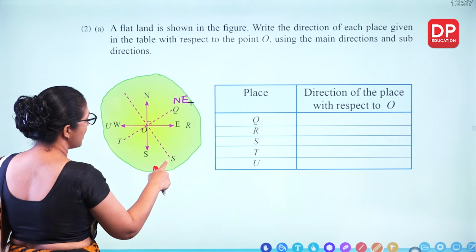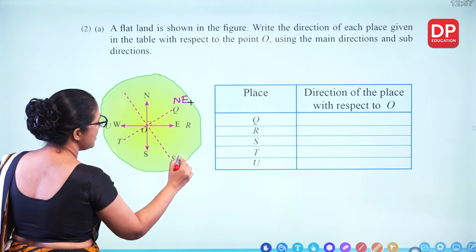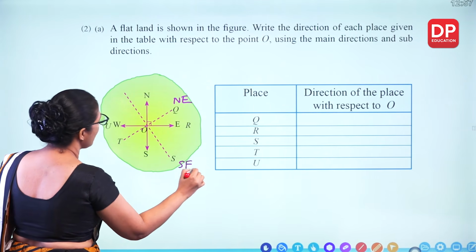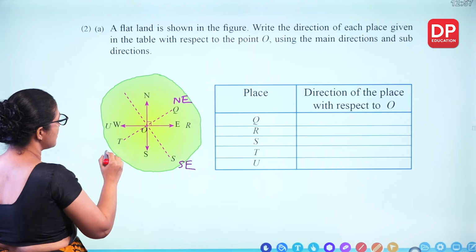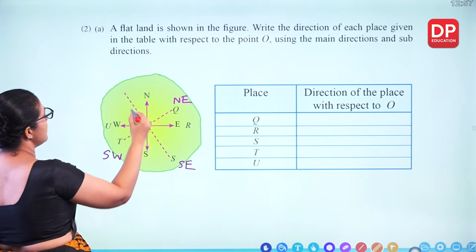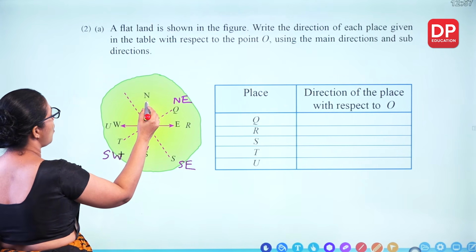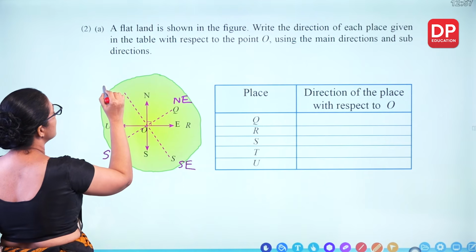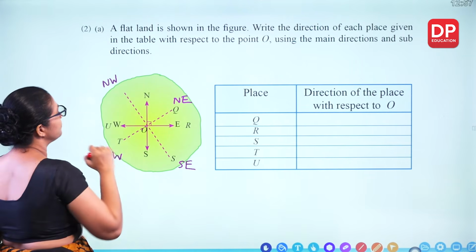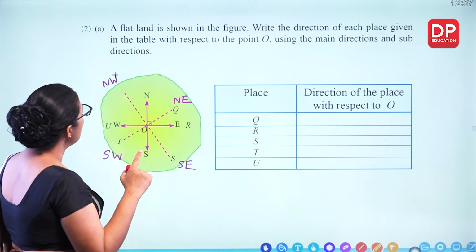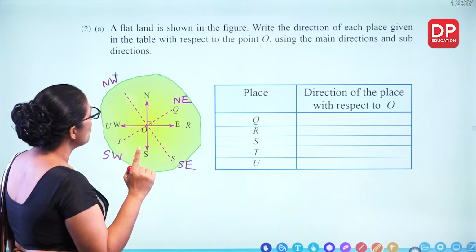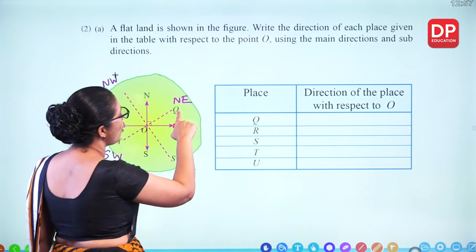This is halfway. This is southeast. And this direction is southwest. And this one is northwest. So we'll fill the table. Q. Q is northeast.